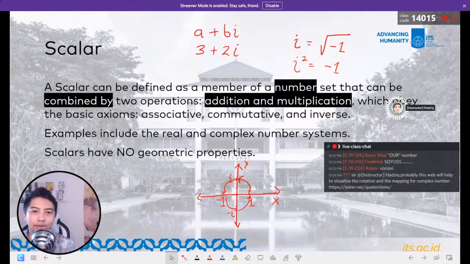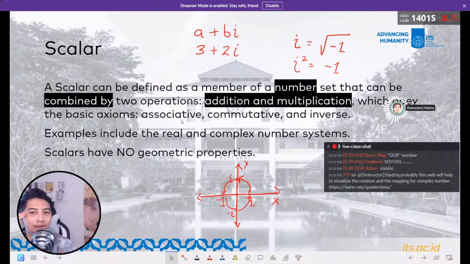So that means that any scalar should satisfy addition, subtraction, multiplication, and division, and obey the basic axioms: associative, commutative, and inverse. Hopefully, you still remember this. I will not go into the detail about this. You should check your notes from senior or junior high school. I believe that you have learned this.